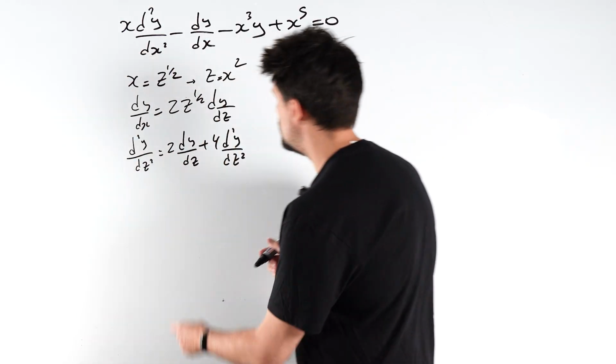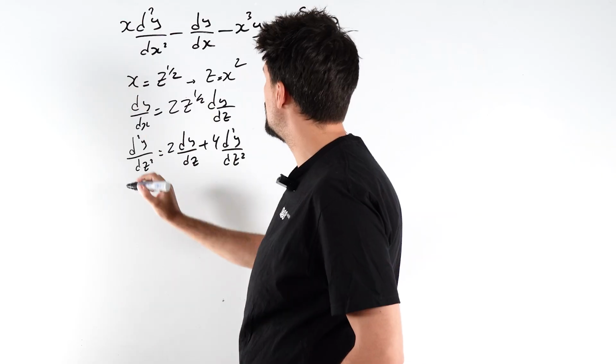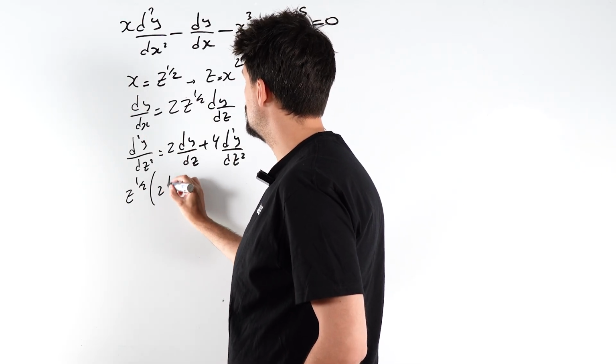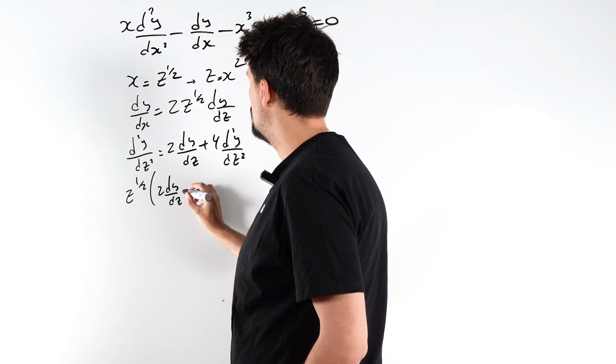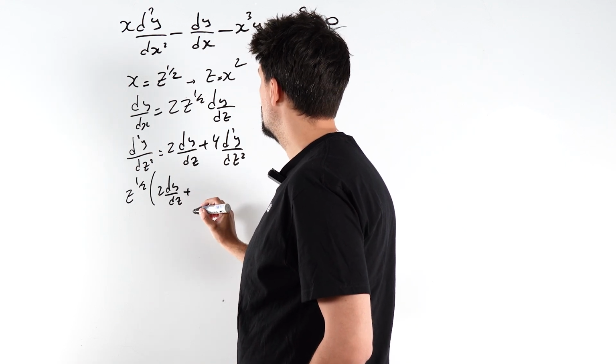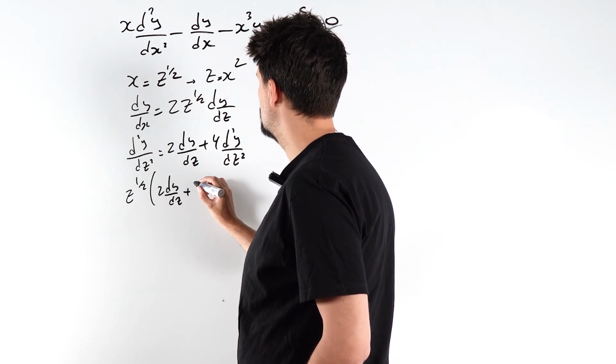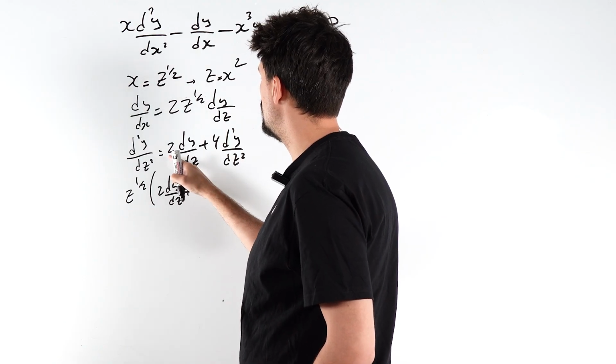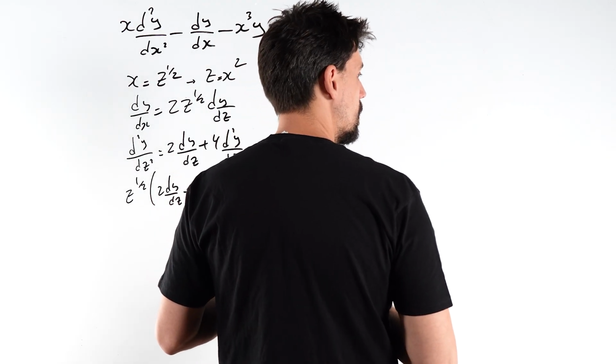Let's get our new differential equation down here. So what were we saying? We were saying that x was z to the half times 2 dy/dz plus... that is not what we got. Quick check.